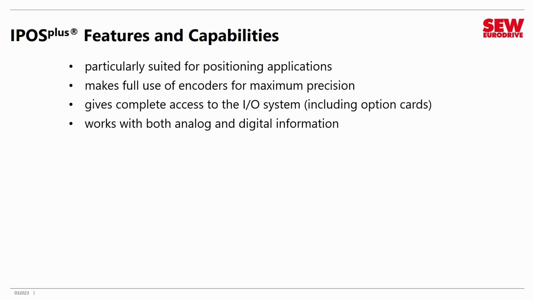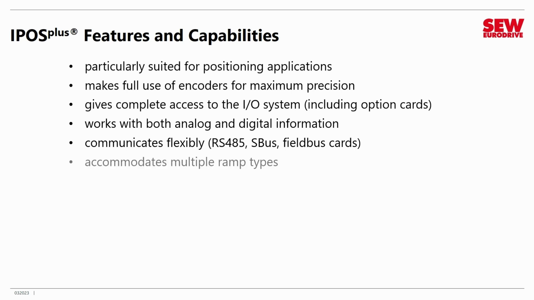So it's very flexible. It's also got a lot of communication flexibility. It can communicate over the RS-485 port built into the VFD. It can use the S-Bus, that's SEW's system bus, which is based on the CAN protocol. And also it can communicate over any field bus cards you have installed in the VFD.